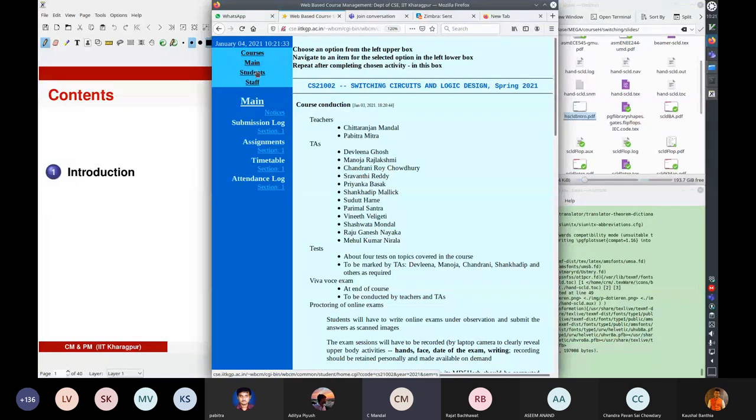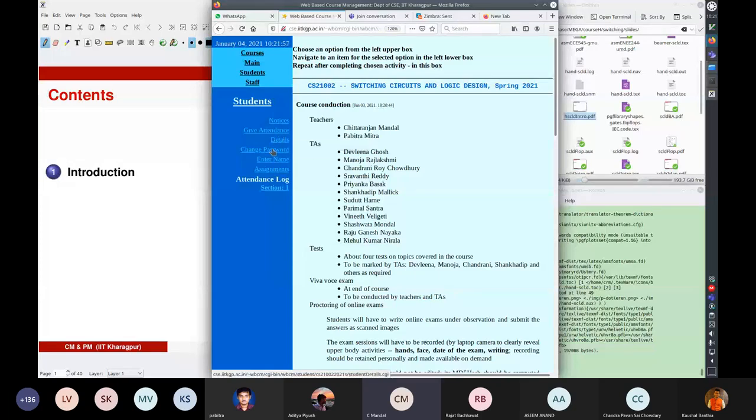Now, when you take exams, or when you submit assignments, you should use the students menu. So over here, as you can see, you have some facilities.